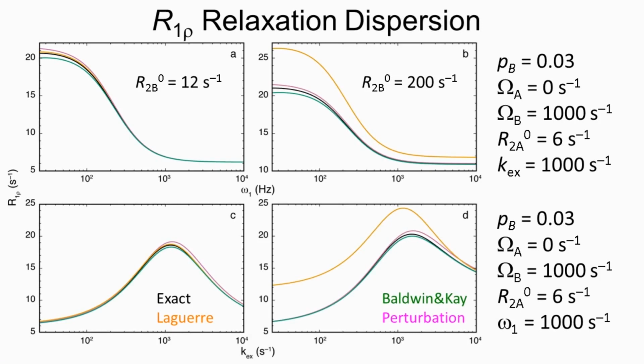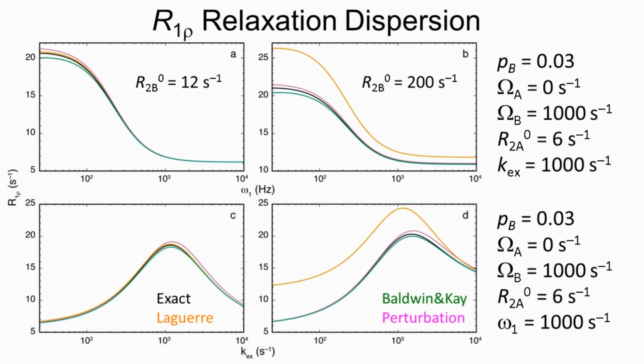On the left-hand side, the difference in rate constants is relatively small. R2b was given a rate constant of 12 compared to a rate constant of 6 for the A state. And you can see that the different calculations all agree relatively well.